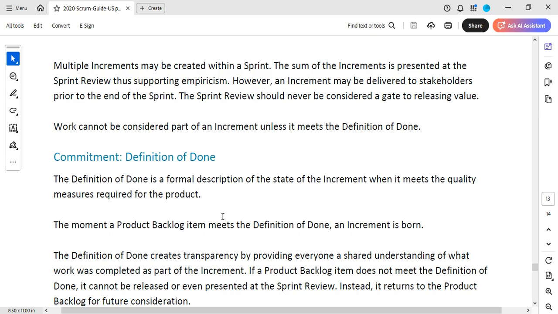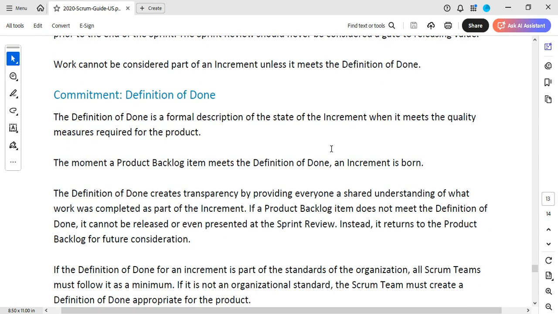Multiple increments may be created within a sprint. The sum of the increments is presented at the sprint review, thus supporting empiricism. However, an increment may be delivered to stakeholders prior to the end of the sprint. The sprint review should never be considered a gate to releasing value. Work cannot be considered part of an increment unless it meets the definition of done.